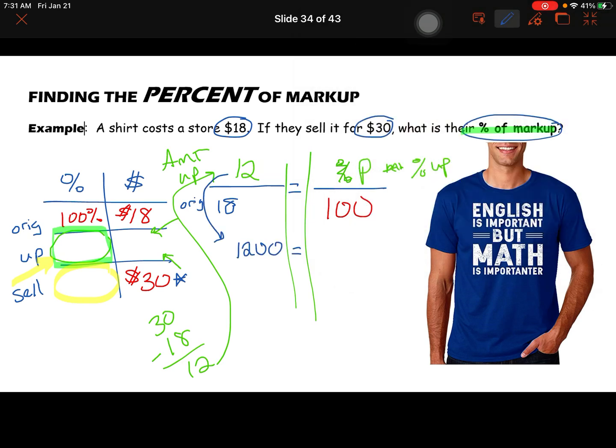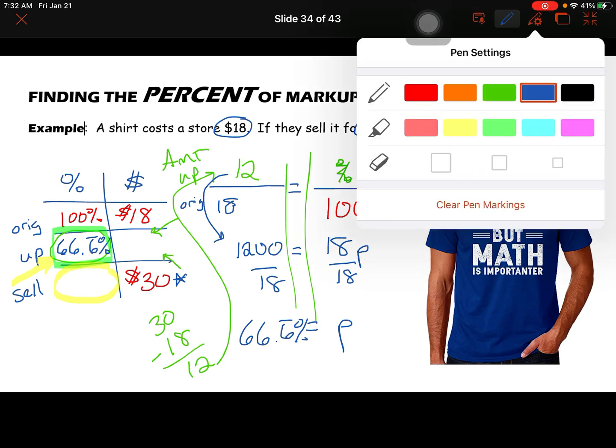Sorry about the mess on that. 12 times 100 is 1,200, and this is going to be 18P. You're going to now divide by 18. The percent of markup would be, in this case, 66.6 repeating percent. Now, you'd once again have to pay attention to what the directions say. For example, the big idea said to round to the nearest tenth, which would then be 66.7%.